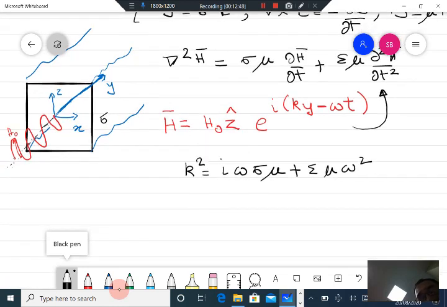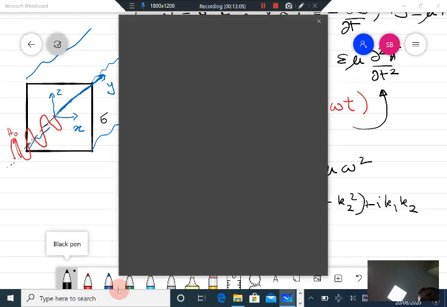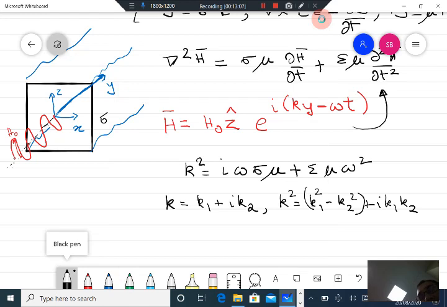and if you write k as a real and imaginary part, k1 and k2, then k square will be k1 square minus k2 square plus i k1 k2, and if you equate these two you can determine k1 and k2 independently.